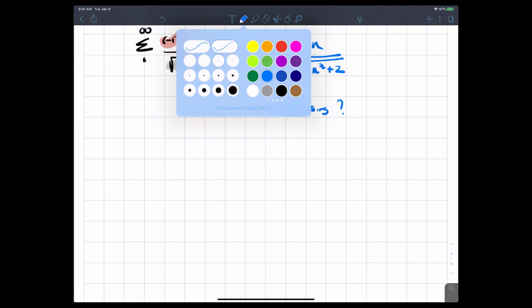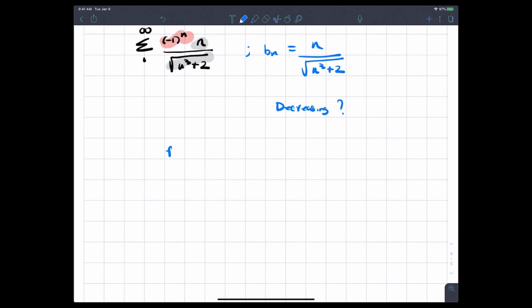So one thing you could do is consider the function x over the square root of x cubed plus 2, and you want to know if this is a decreasing function.